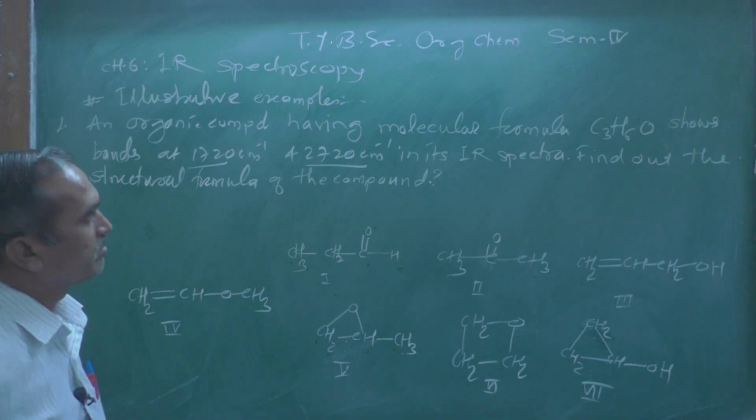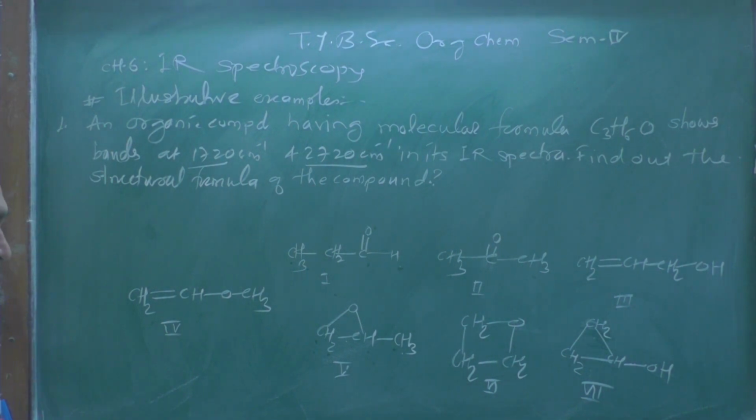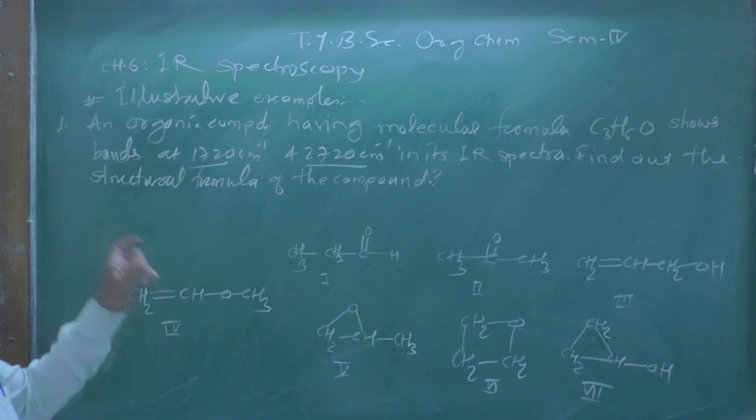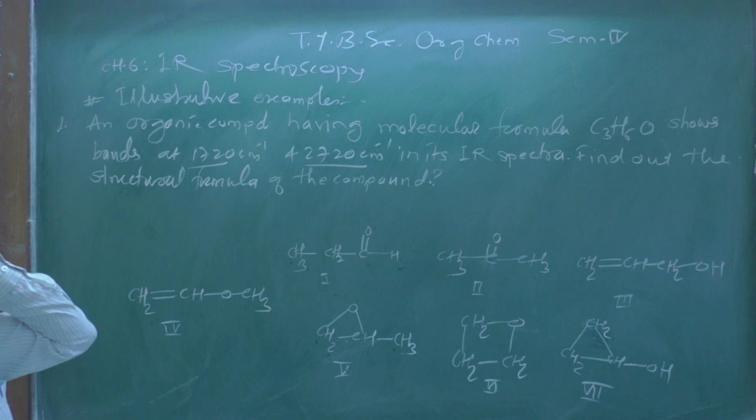Another is given here, 2720 per centimeter. And from these 2 bands, we can easily come to know which will be the correct structure of the organic compound. Do you know?